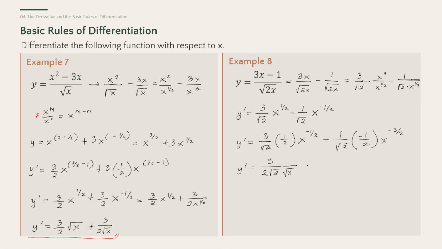Then negative times negative, we have positive 1 over 2 square root of 2. And then we have negative 3/2 again. So that is square root of x cubed.